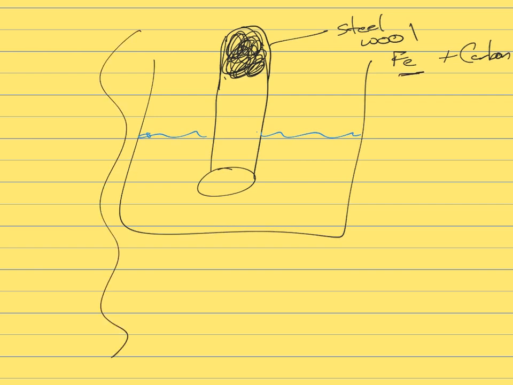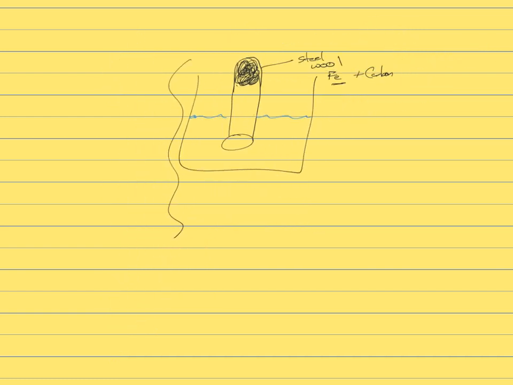It increases the rate at which that reaction happens. And we said that steel wool is iron mixed with carbon, but we were really worried about the iron. All right, I hope you remember all that. We just went through it.